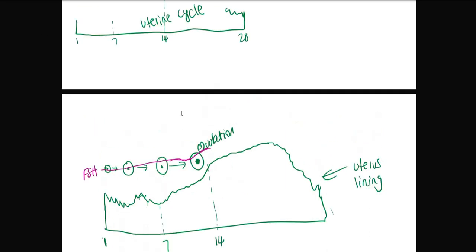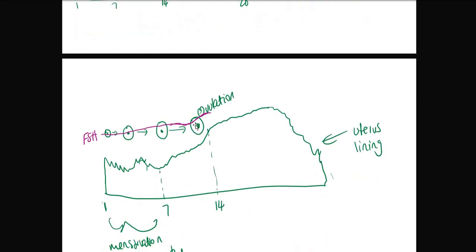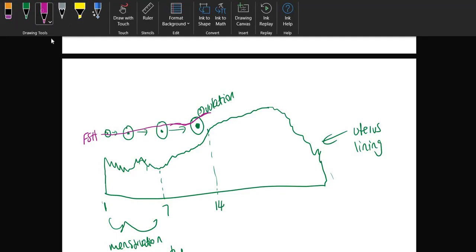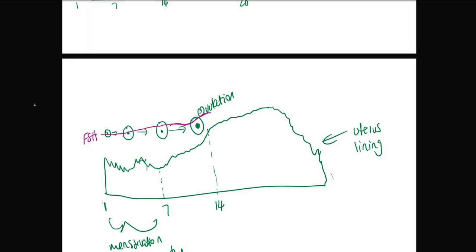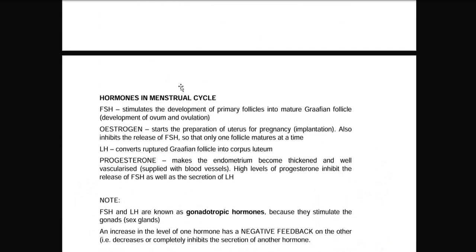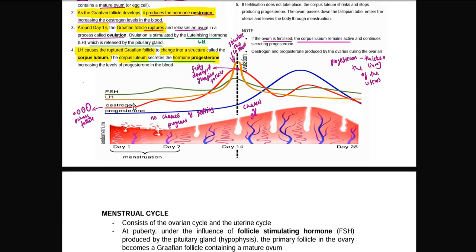Right. Now, as the follicle is increasing, by having this thing growing, it will also be producing what you call what? Progesterone. Now, or maybe we should start with estrogen.